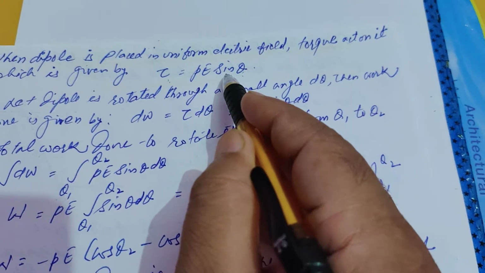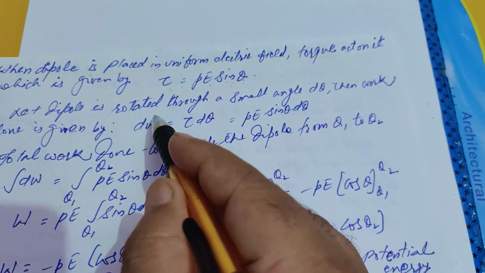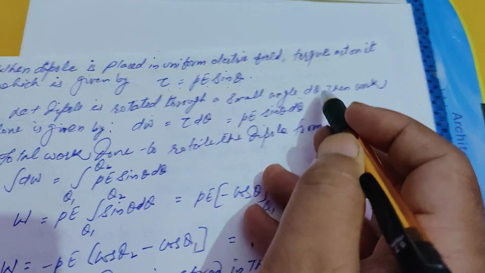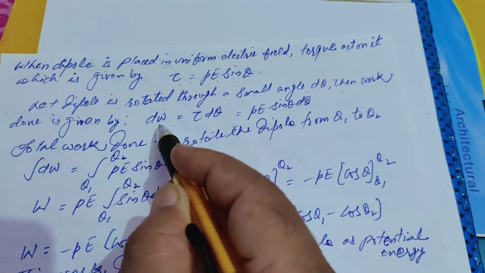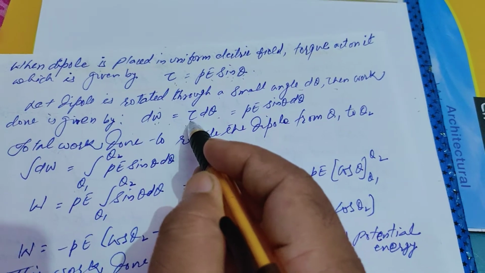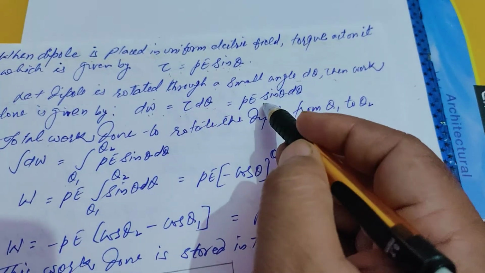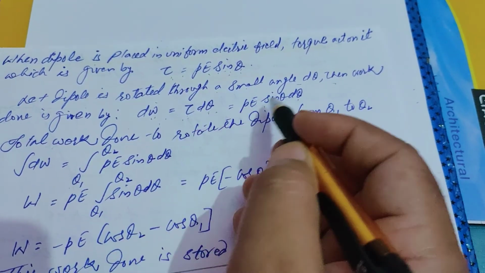It rotates the dipole. Let the dipole be rotated through a small angle d theta, then the small amount of work done: for linear motion it is force into displacement, for angular motion it is torque into angular displacement. For torque the value is pE sine theta, and d theta is there. So this is the small work done.